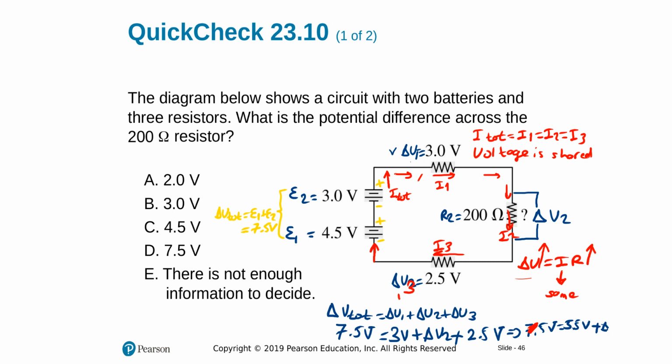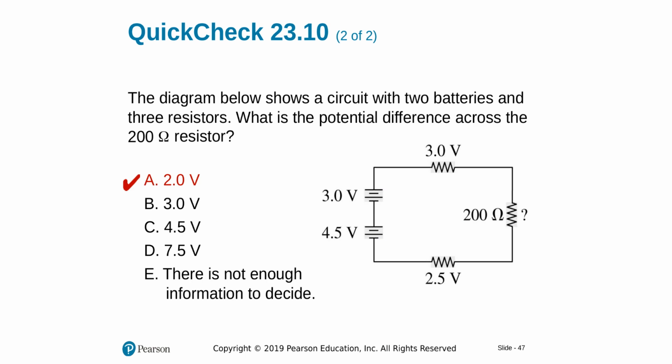Let's delete this part and go to the next page maybe. And as I guess you would see the answer already. 7.5 is total, 5.5 is used, so delta V2 should be 2 volts.